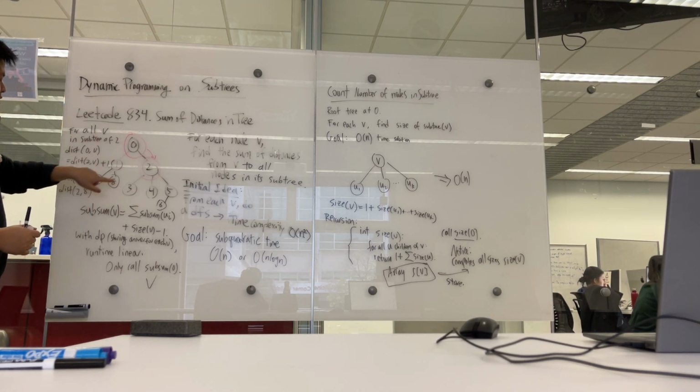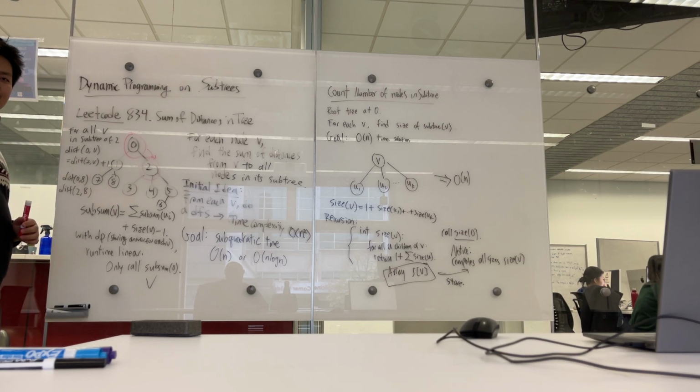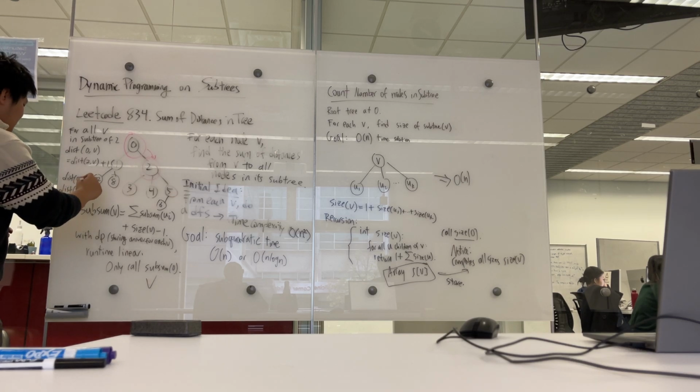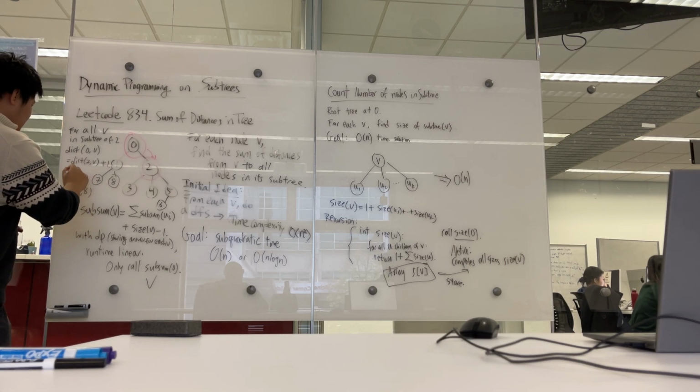So 0 to 8 and 2 to 8. So distance of 2, 8 would be 0, 8 plus 1. Yes. So in this case, it's the opposite direction.